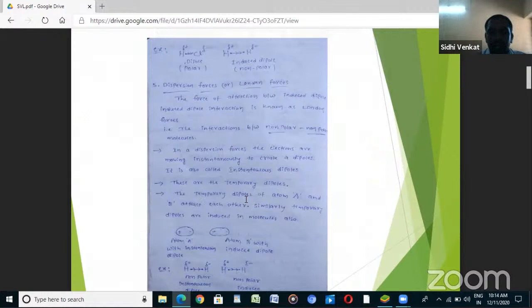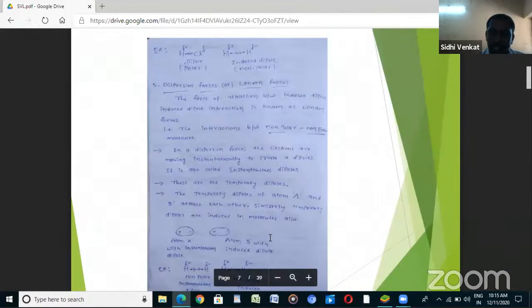Look at these, students, we are taking the example. The temporary dipoles of atom A and atom B attract each other. Similarly, temporary dipoles are induced in the molecules.